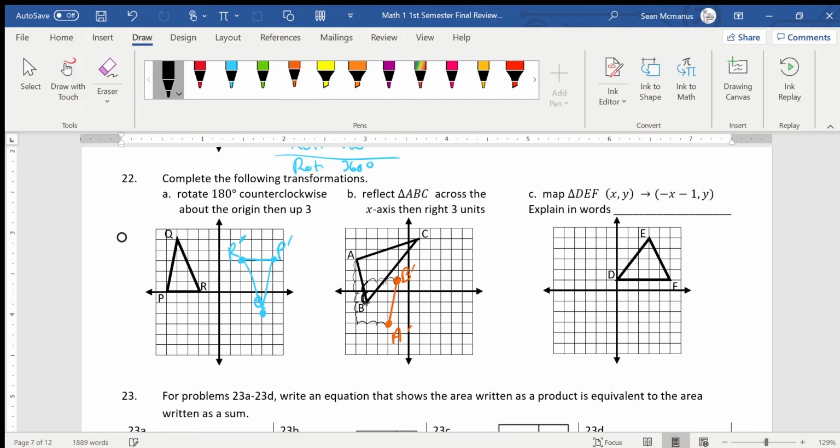And then C, I'm going to go down 1, 2, 3, 4, 5 to the line of reflection, and then 1, 2, 3, 4, 5 on the other side, and then to the right 1, 2, 3. So it's going to end up right there. C prime.